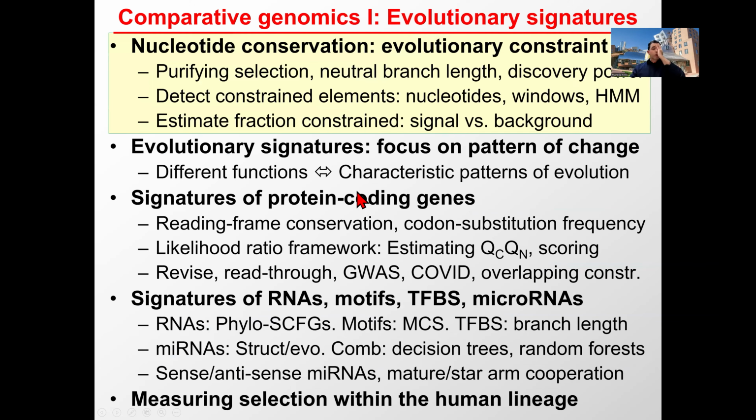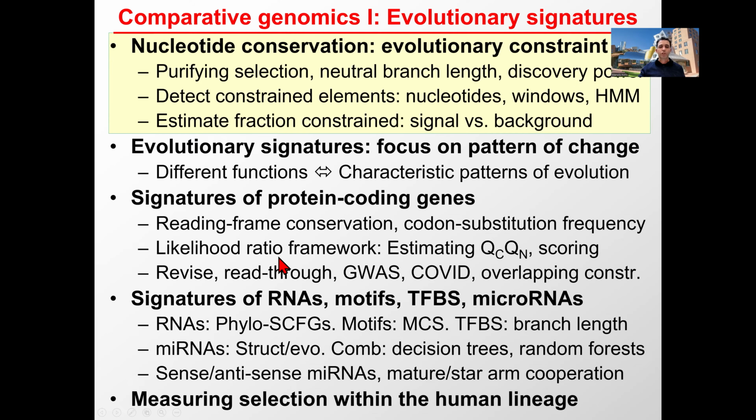So we're going to talk about different stages of comparative genomics. The first is studying nucleotide level conservation and measuring evolutionary constraint based on whether the nucleotides have been preserved. The second one will be looking at evolutionary signatures. There we're going to be focusing on the patterns of change rather than the overall conservation.